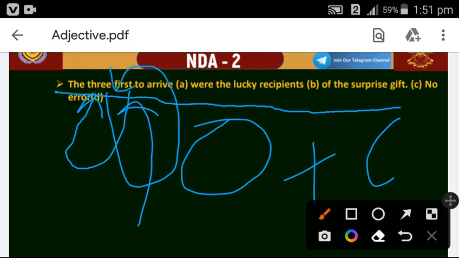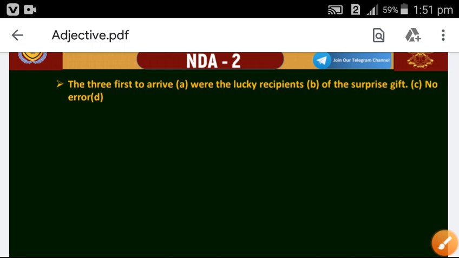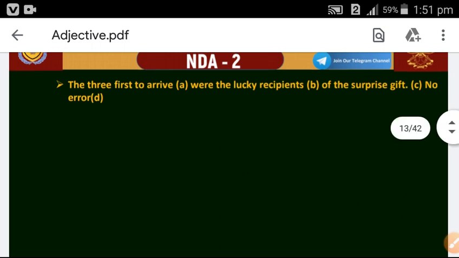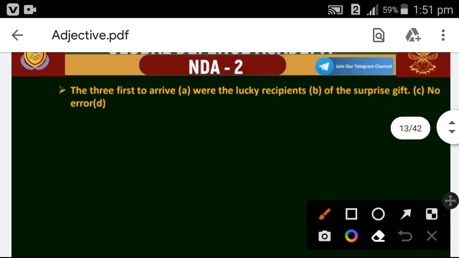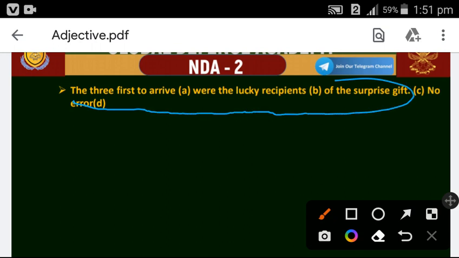Then what is my correct answer? The correct answer is going to be: the first three to arrive were the lucky recipients of the surprise gift, and this is going to be correct.